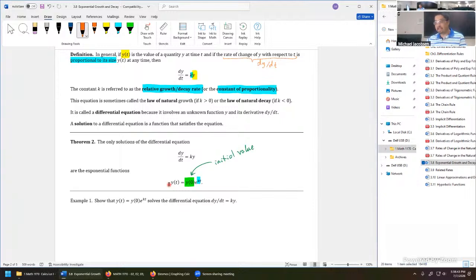But what theorem 2 is saying is, if you set up this equation, the only solutions are these exponential functions. But it goes backwards. What theorem 2 is also saying is, if you take that function y at t and you differentiate it, you just get this, k times y, or k times y at t if you prefer to write it that way.